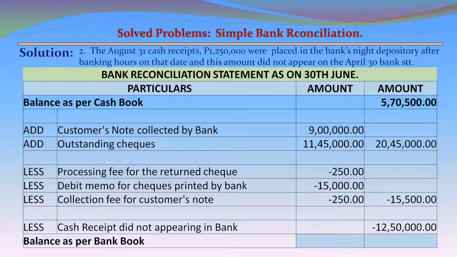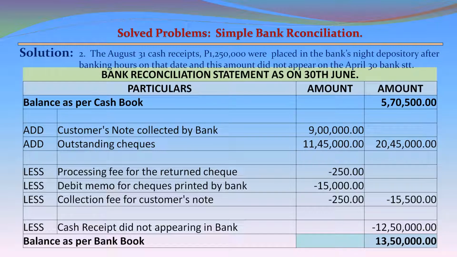Adjustment number 2. The August 31 cash receipts of 1,250,000 were placed in the bank's night depository after banking hours on the date, and this amount did not appear on the April 30 bank statement. That means cash receipt did not appear, so there is no entry in the bank statement. So we have to reduce our balance by 1,250,000. Thus, cash receipt did not appear in the bank 1,250,000.